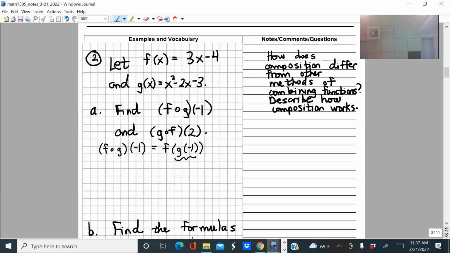So let's see, what is G of -1? Well, that's going to be whatever we get when we plug -1 into the formula for G, right? So that's going to be -1 squared minus 2 times -1 minus 3, right? I'm just taking -1 and putting it into the formula for G. If you want to, you can do all this arithmetic separately and then plug this number in, or like me, just kind of do it all in one line.